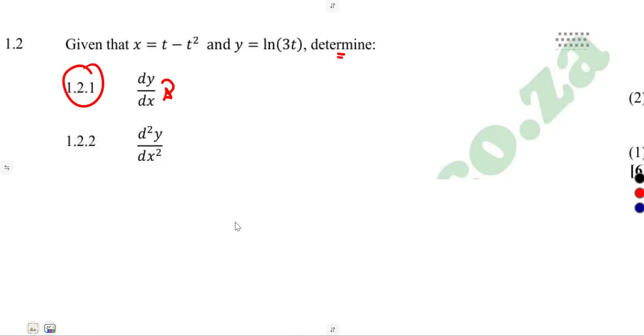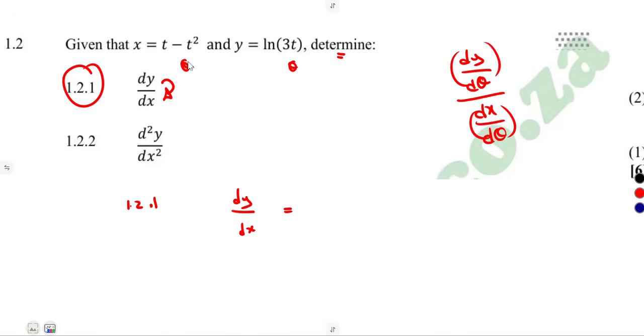The derivative of y with respect to x, from the formula sheet where x is given in terms of theta, is dy d theta over dx d theta. But in this case we are dealing with t instead of theta, so this is dy dt over dx dt.